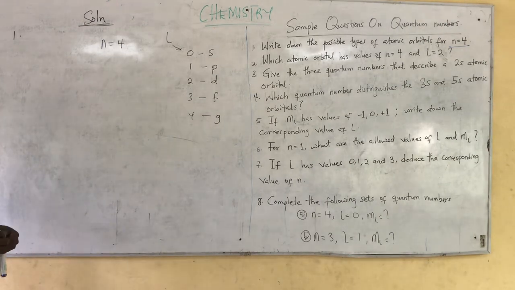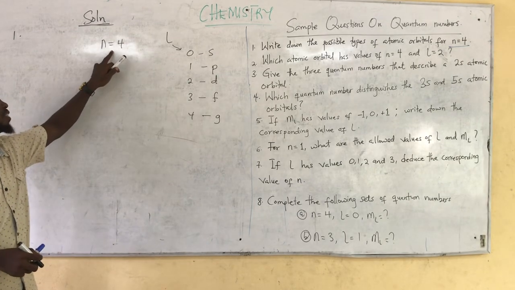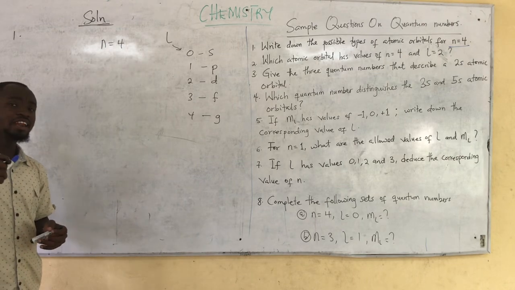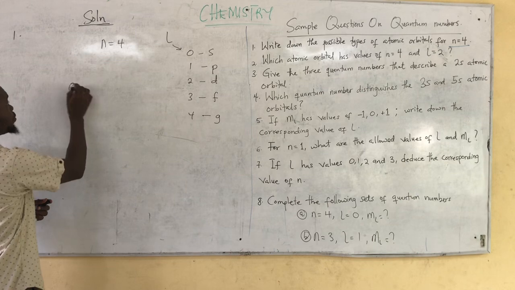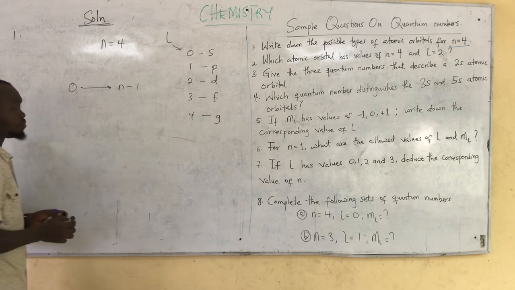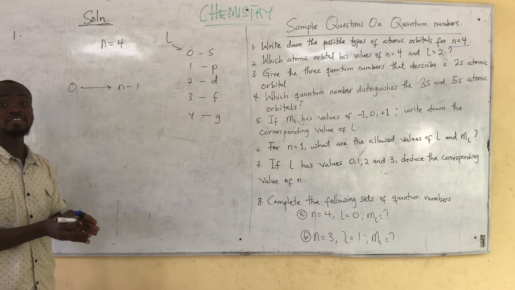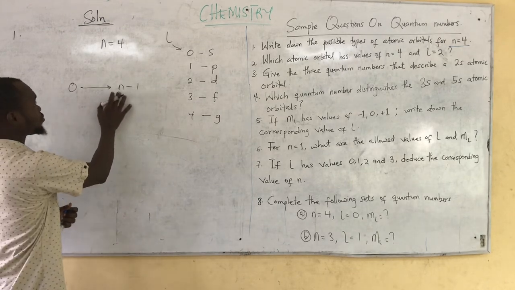So how do we know the orbitals present in the fourth energy level or the fourth shell, that is n is equal to 4? In our lesson on the azimuthal quantum number, I gave you the value range of 0 to n minus 1. So we use this value range to indicate the type of atomic orbital present in each energy level or shell. In the question here, n is 4.